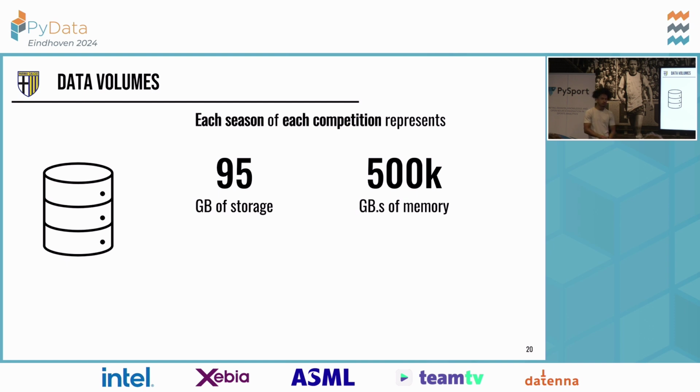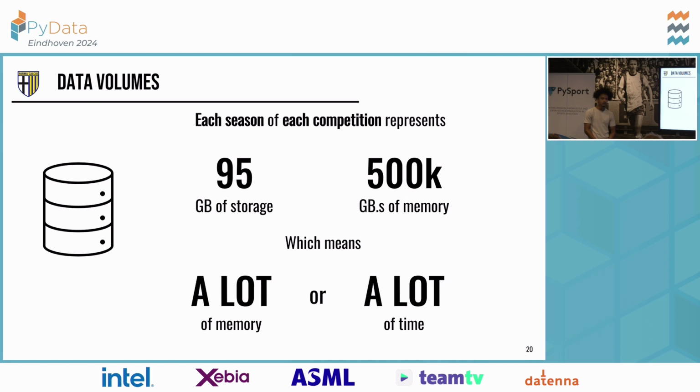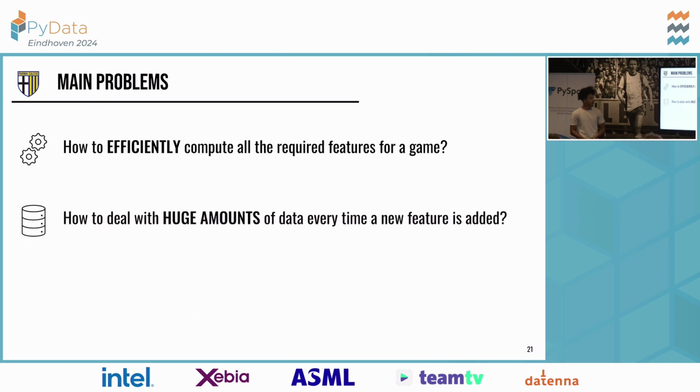And to process everything, we need 500K gigabyte seconds of memory. So this represents either a lot of RAM or a lot of time to process everything. So yeah, how to deal with huge amounts of data every time a new feature is added? Because every time a new feature is added, we need to process again all games.